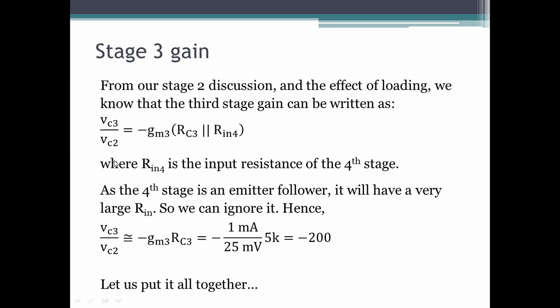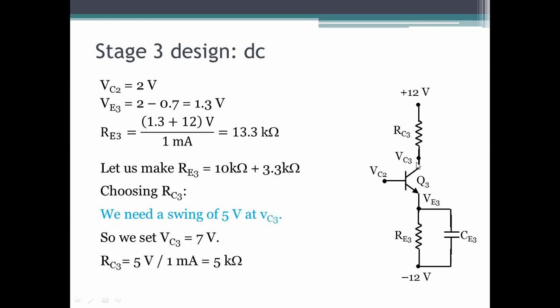The expression is the same. VC3 by VC2, the third stage gain is equal to minus GM3 times RC3 parallel R in 4. So let's go back. GM3 of this transistor times RC3 in parallel with the input resistance of the next stage, R in 4.